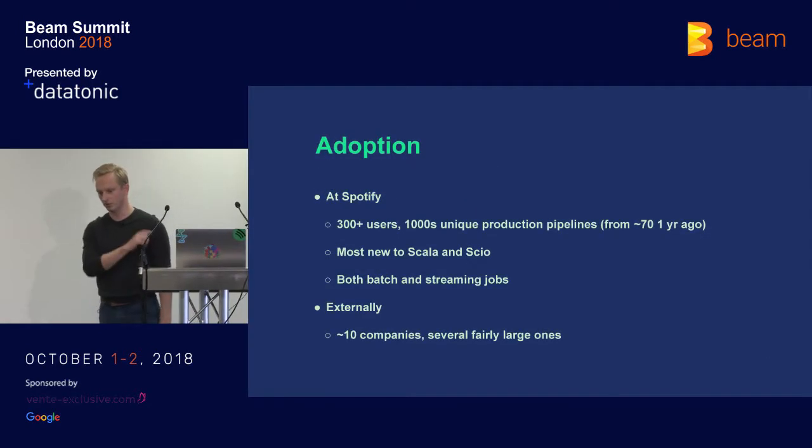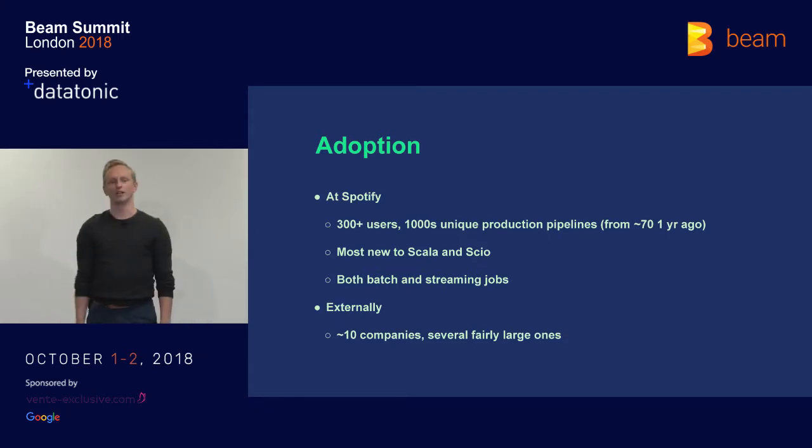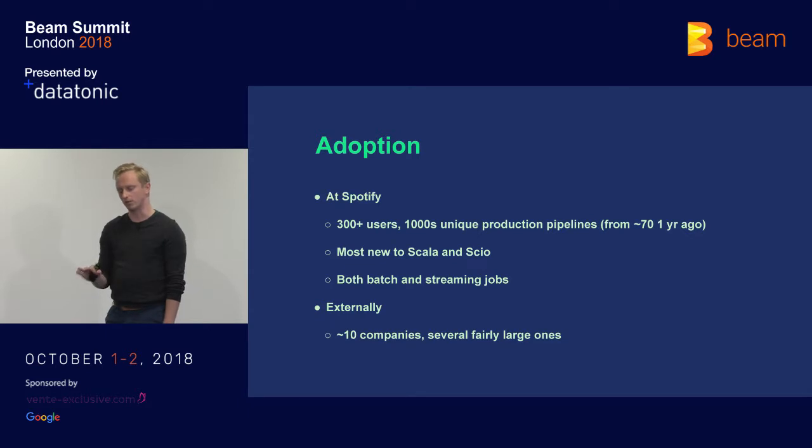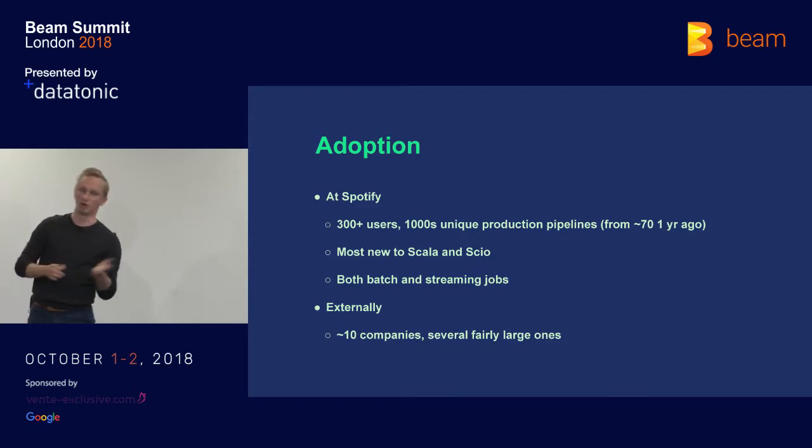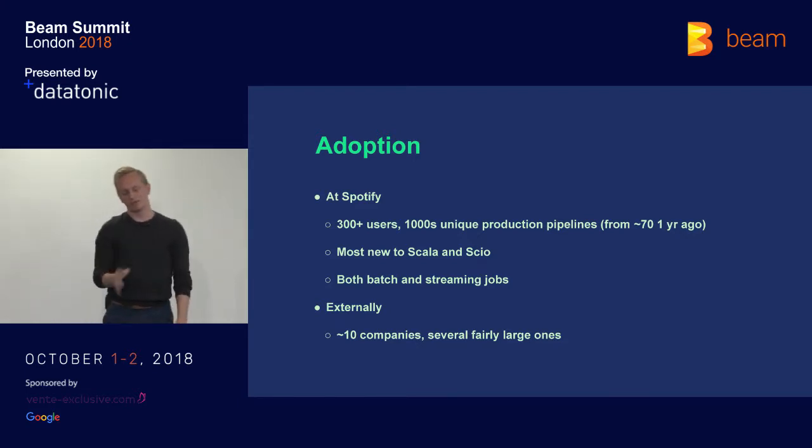Next. So, how many people are actually using that thing at Spotify? We have roughly 300 users using Scio. I don't know the exact number. 300 is the number of people that are actually on the Scala channel at Spotify, so maybe more. Who knows? We have roughly 3,300 batch pipelines running in production right now.